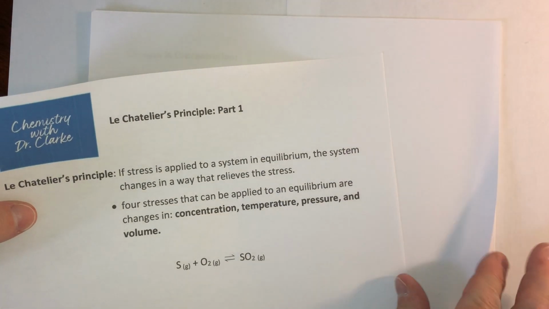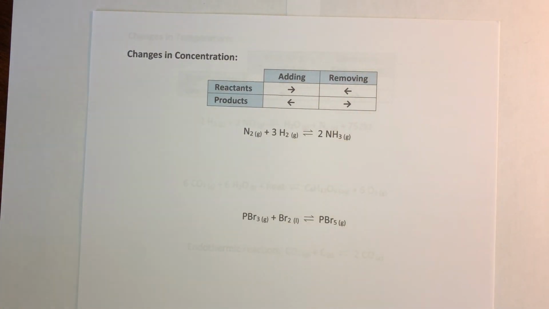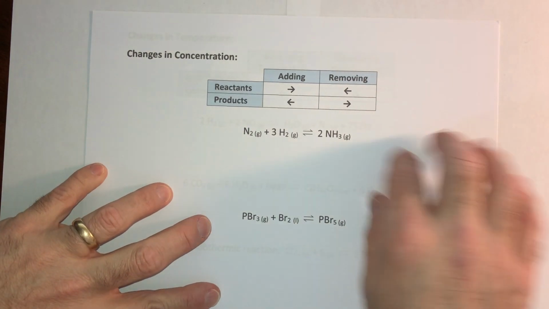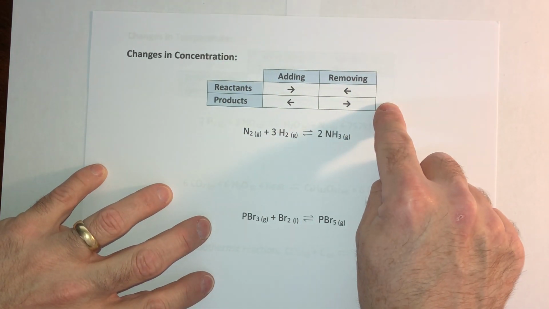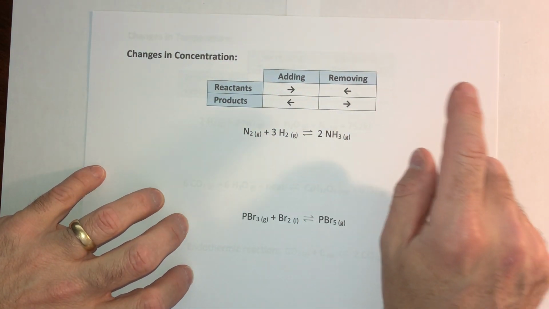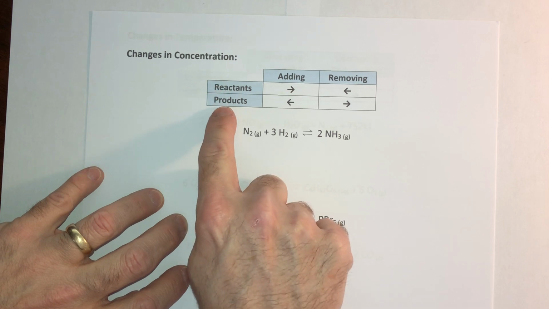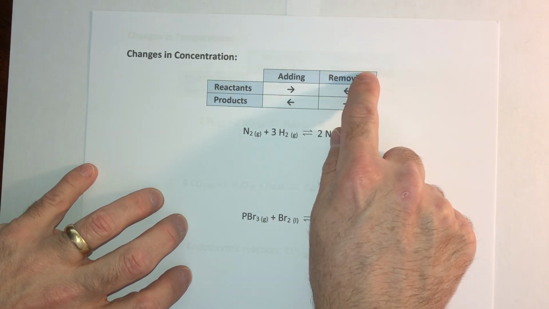Okay. So let's talk about the first stress that we can apply, changing concentrations. So what I've got here is kind of a table that will summarize. Okay? So it says reactants versus products, adding versus removing.